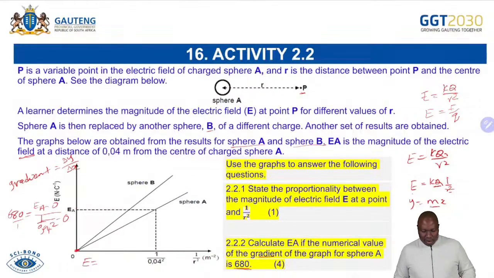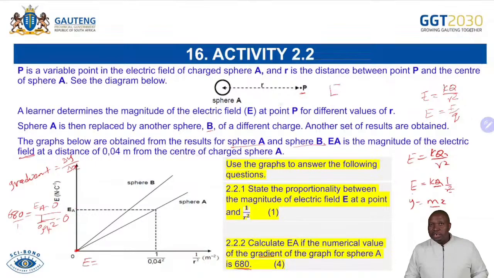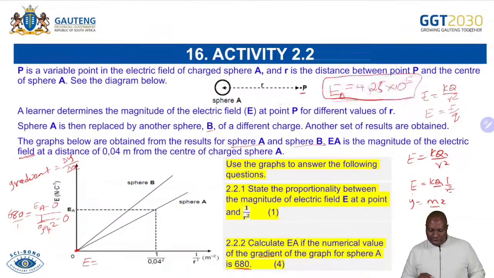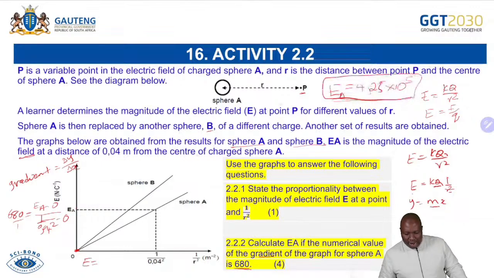And then you got your final answer, if I can write it here, as your EA, which is the electric field at point A, which we said is 4,25 times 10 to the power of 5. Then you're able to get your value there. And then you were able to get 4 marks there.